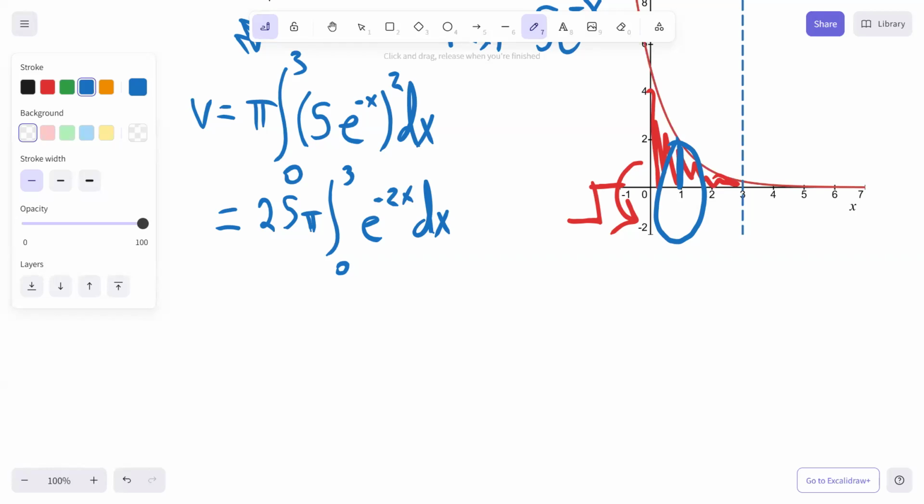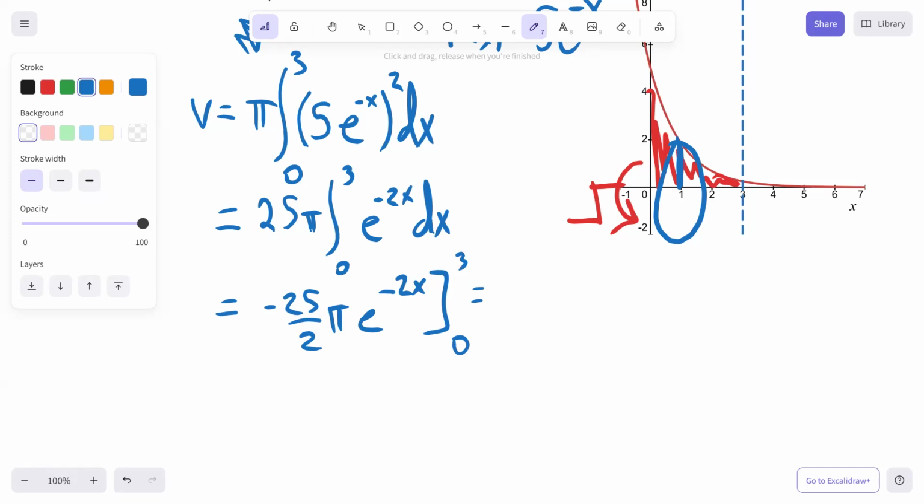Since the u would be negative 2x, the du would be negative 2. We'd have to adjust for that by multiplying by a negative 1/2. So we would have negative 25 halves pi e to the negative 2x evaluated at 0 and 3.